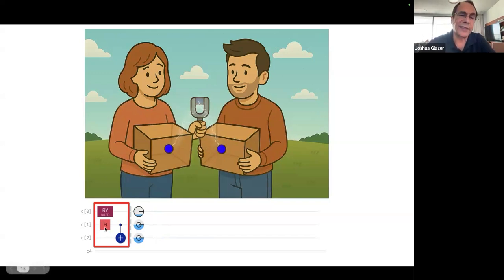And by the way, if you look at the bottom, you can see that's exactly the circuit that we have which created the entanglement. H, okay. Now, let's see what happens. They're entangled, everybody is happy.